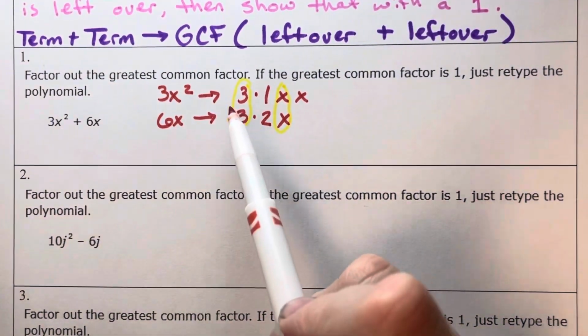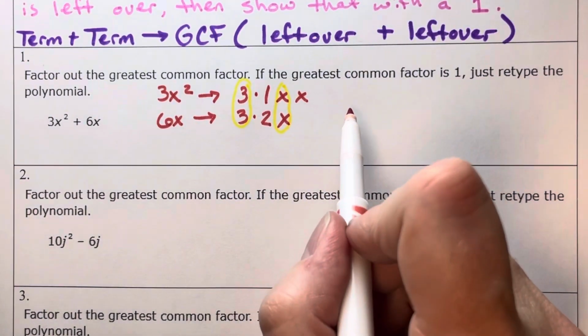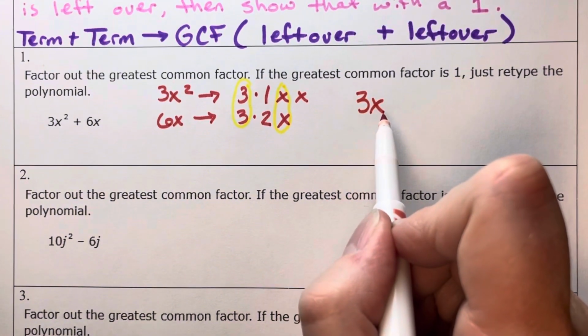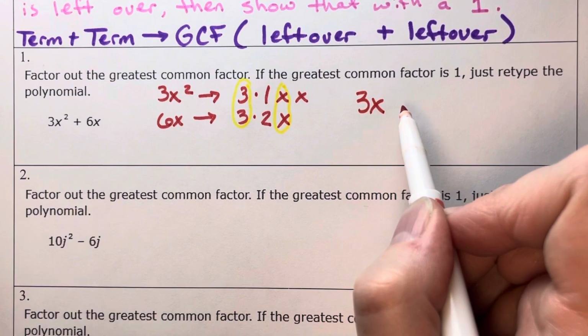We now see that between these two terms, the greatest common factor is 3x. So that's not new. We did that in the previous lesson. So the new part is determining what's left over.